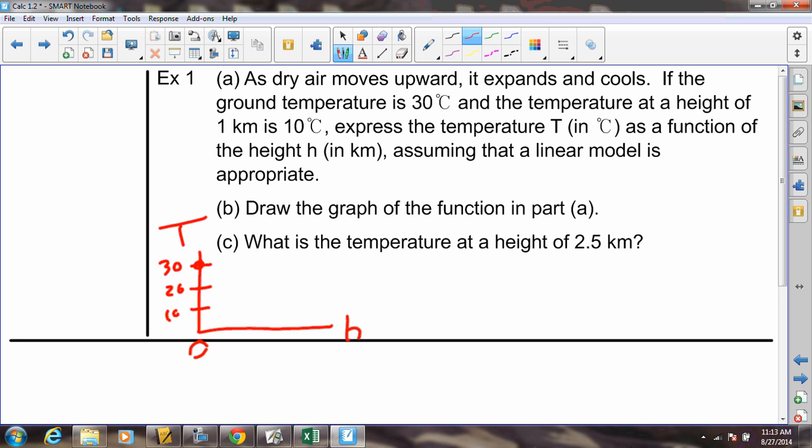And at a height of 1, it's at 10. So we would have those 2 points, which we could continue farther thusly. So we'd have 2, 3, and as many as we needed going to the right. There's a quick sketch for part B. Part A, though, said create the linear model.